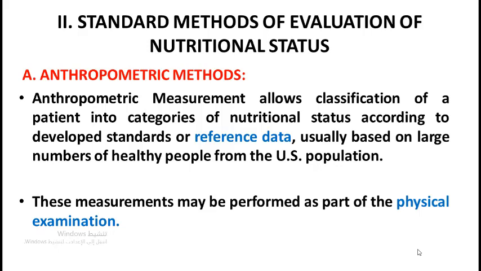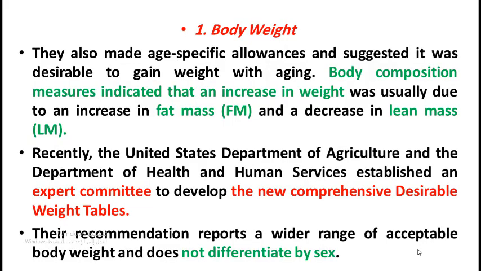The first measure is the body weight, which depends mainly on the age and the height. Moreover, an increase in weight means an increase in fat mass and a decrease in lean mass. يعني زيادة بالوزن معناته زيادة بالفات ماس and نقصان بالlean mass.